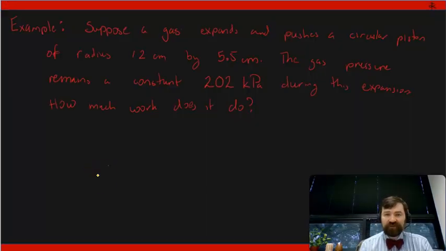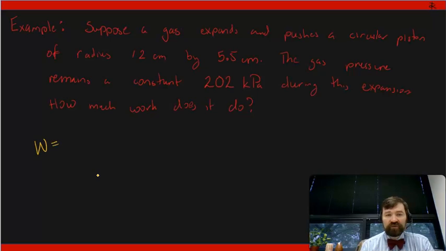For our example, we have some gas that is expanding and pushing a circular piston of known radius by a known distance, and it's doing so under approximately constant pressure. What we want to know is how much work is done by the gas in this process.